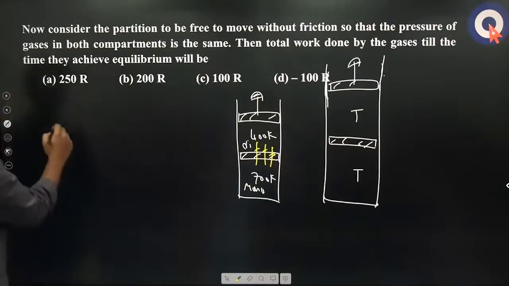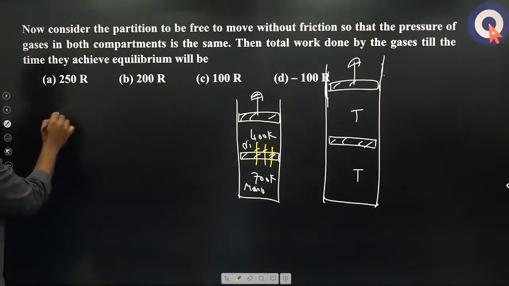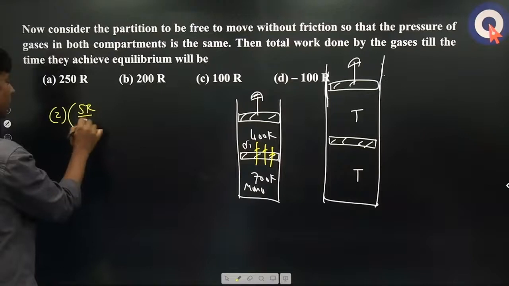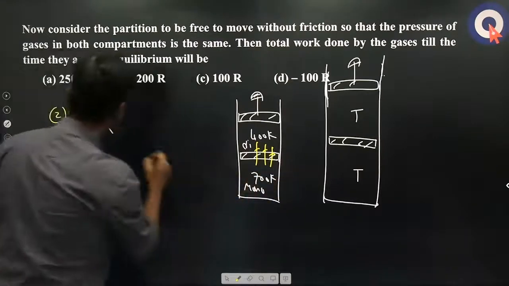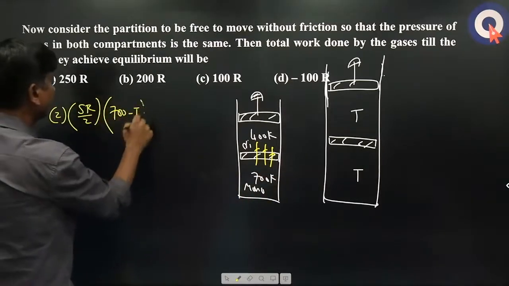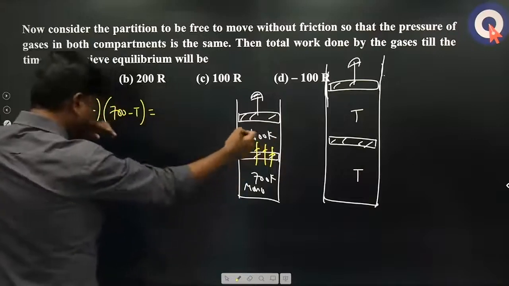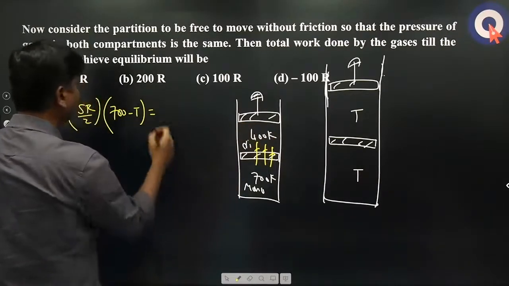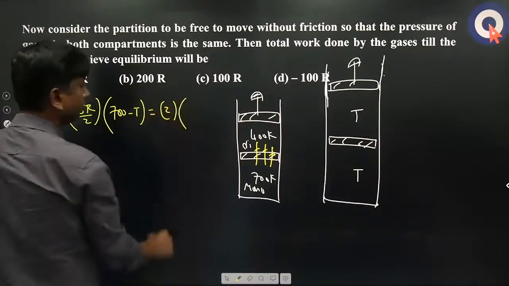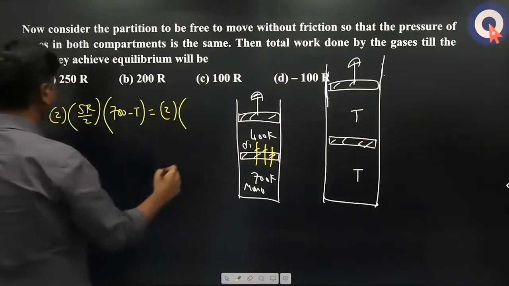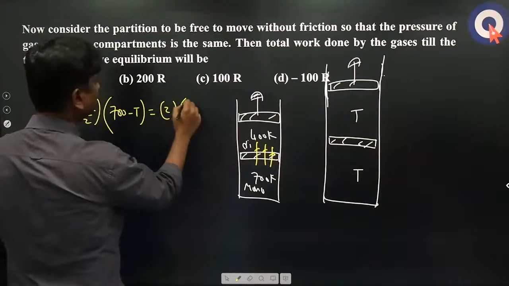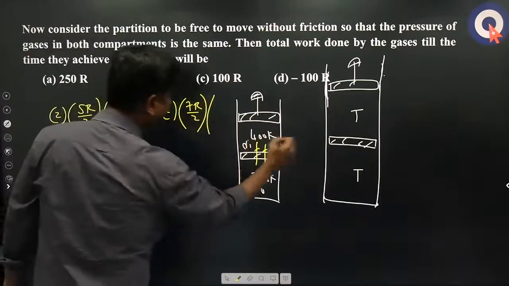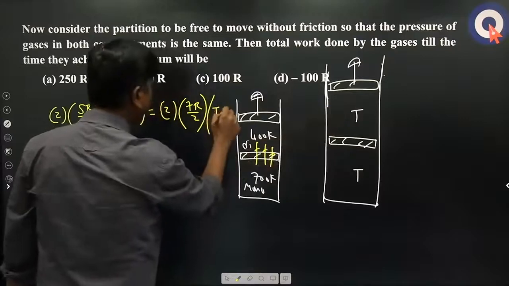So n Cp for monatomic gas, Cp value 5R/2, delta T 700 to T. Heat taken by the upper compartment gas at constant pressure only: n Cp, for that it is actually 7R/2 because it is diatomic gas, and its temperature is increasing from 400 to T, so T minus 400.